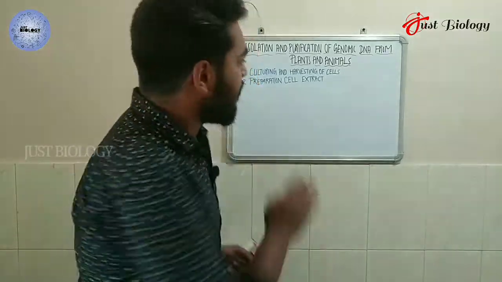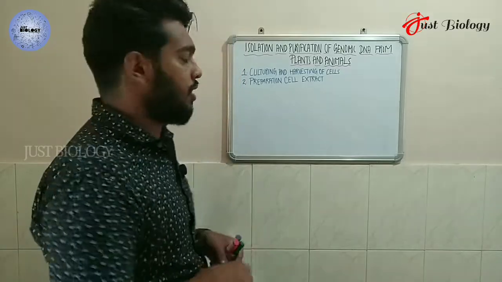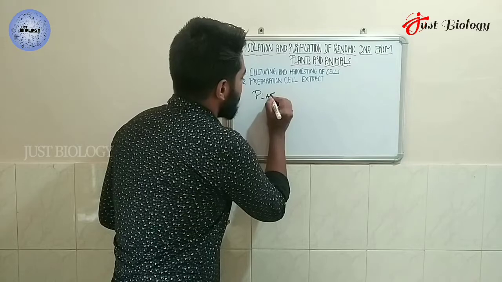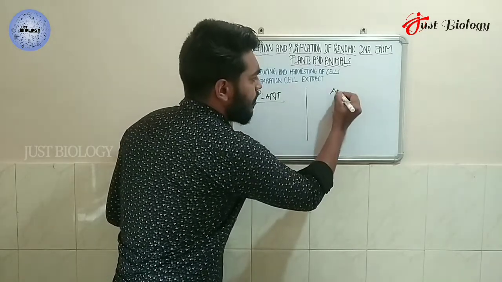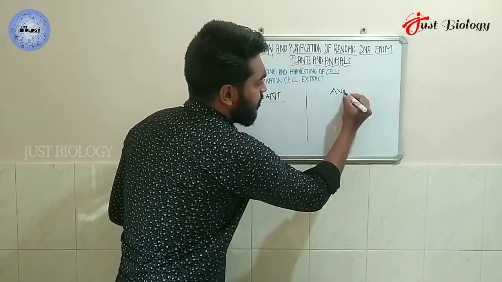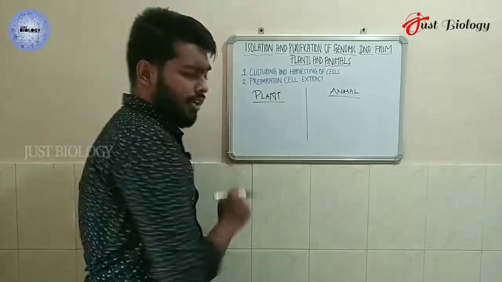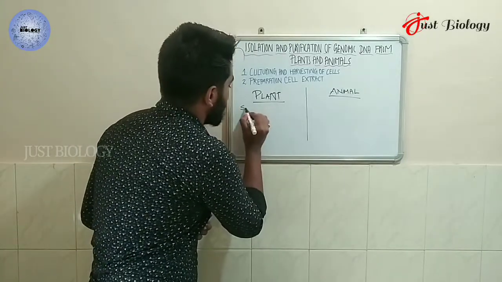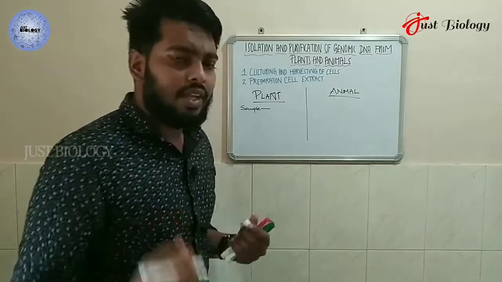Let's begin with plant. How can we culture or harvest the cell? In case of plant, we need to get the sample. So what kind of samples?